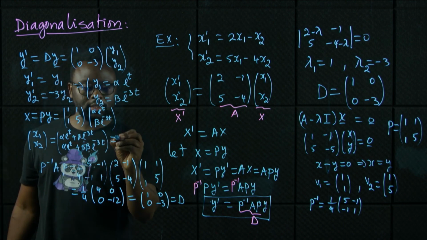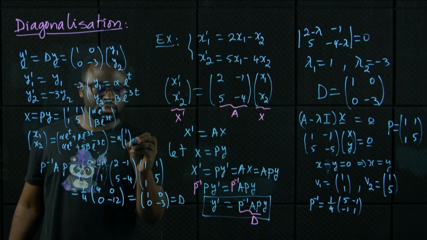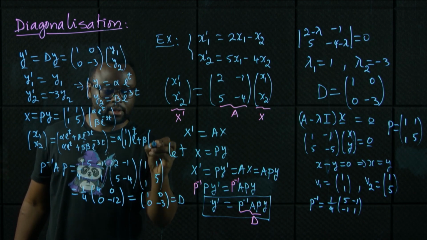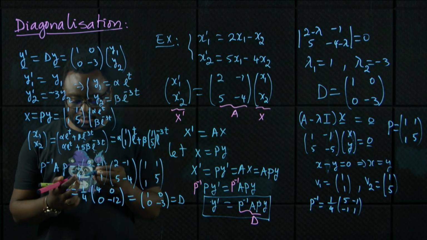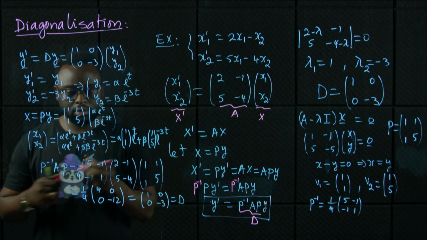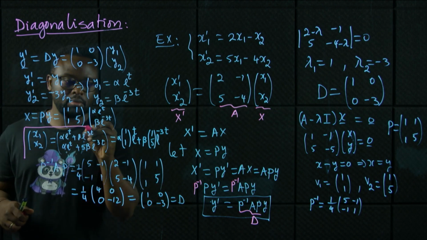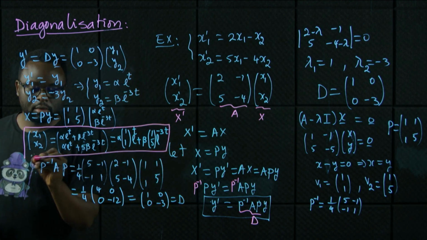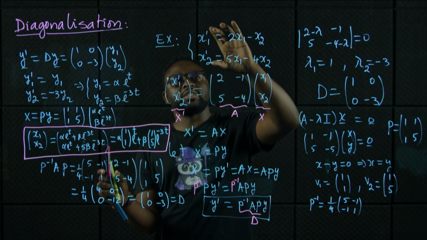We can simplify this as alpha times the vector 1, 1 times e to the power t plus beta times the vector 1, 5 times e to the power minus 3t. So this is the solution to this system of ordinary differential equations.